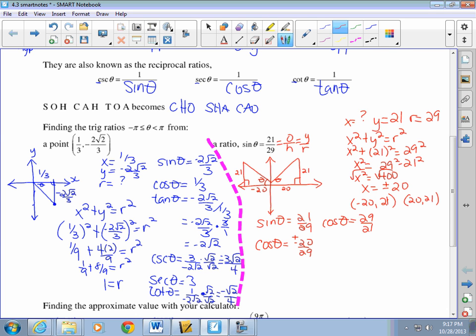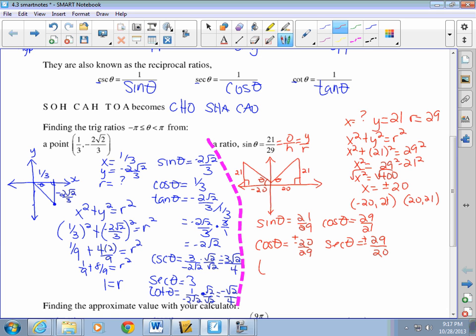So I can do those as a 2 for 1, plus or minus 20 over 29. So the reciprocal of that is secant theta. Secant theta means that I'm going to have 29 over 20, and I'll just put my plus or minus in front because I shouldn't put it in the denominator.